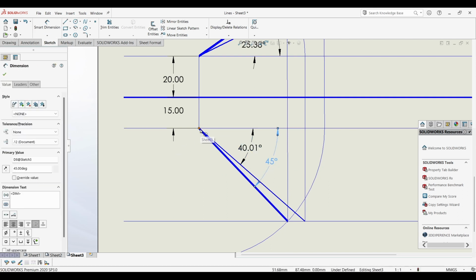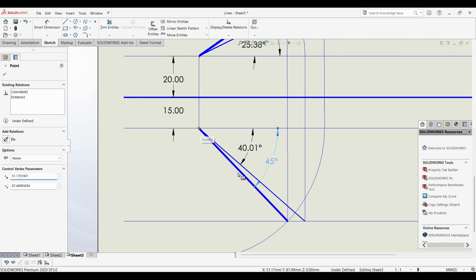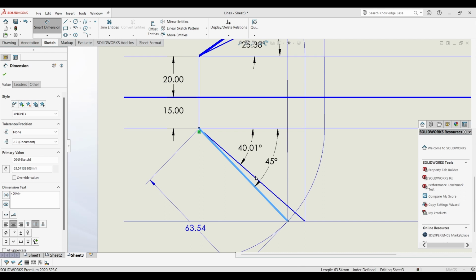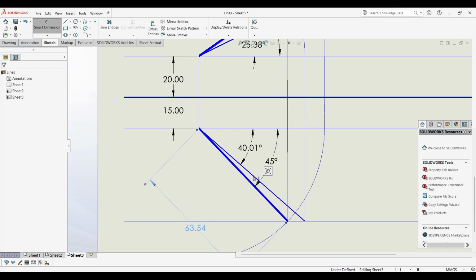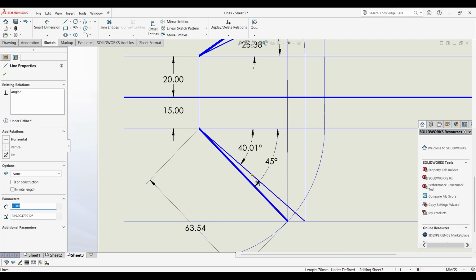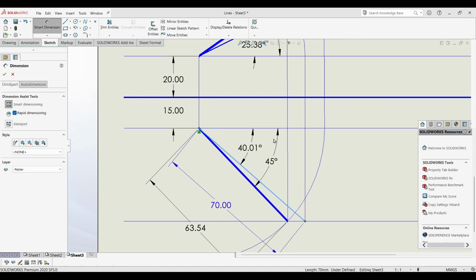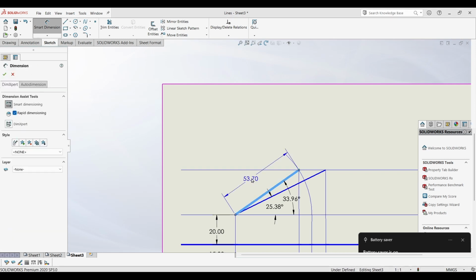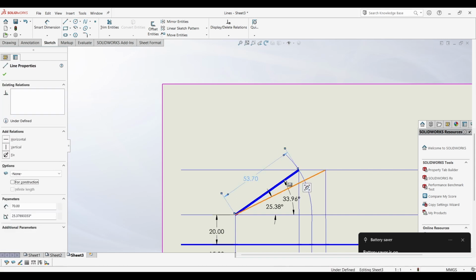And then we need to take the length of this line and also the length, 70 mm. Same thing up here, and the same thing goes for this line too.